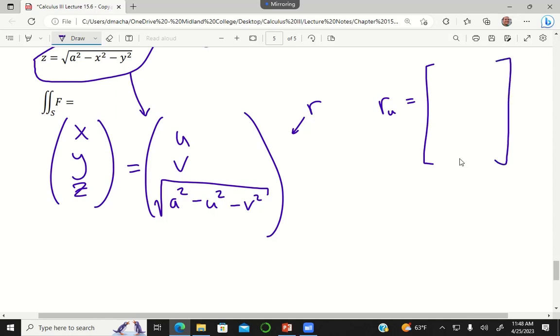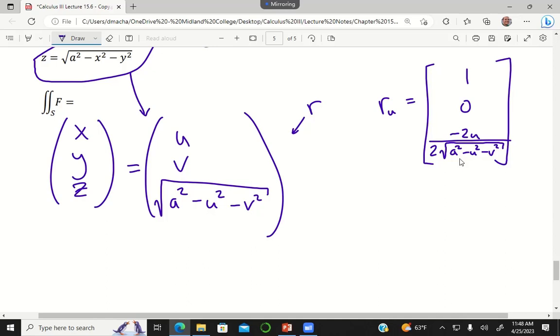That's going to be 1, 0, and then the partial derivative of this with respect to u is going to be negative 2u divided by 2 square root of a squared minus u squared minus v squared. Is that right? Fact check me.